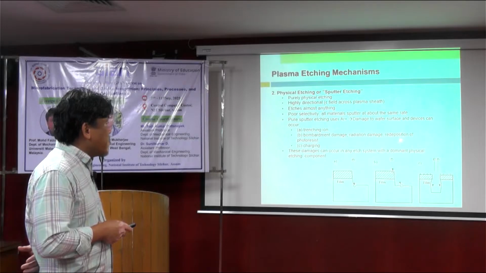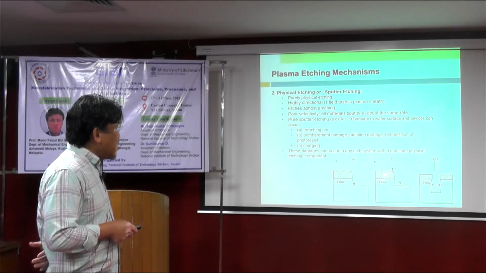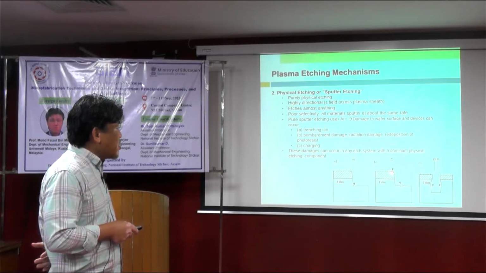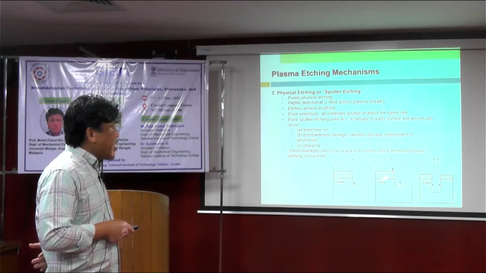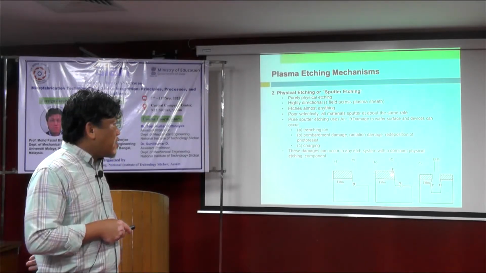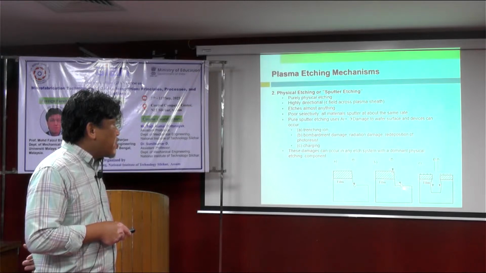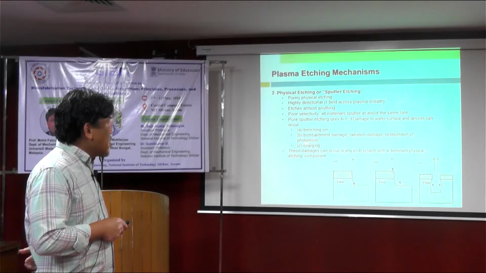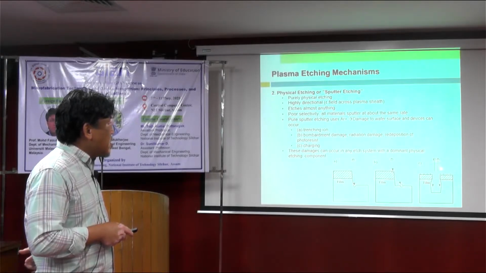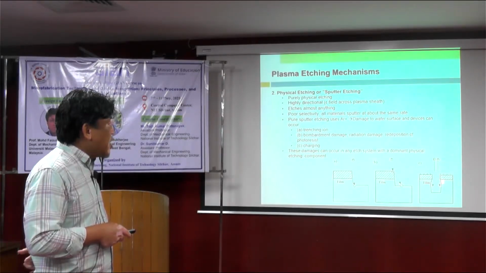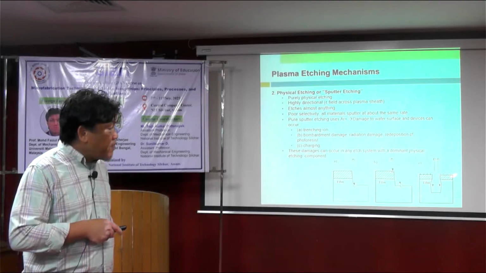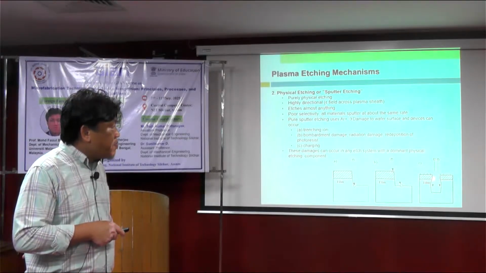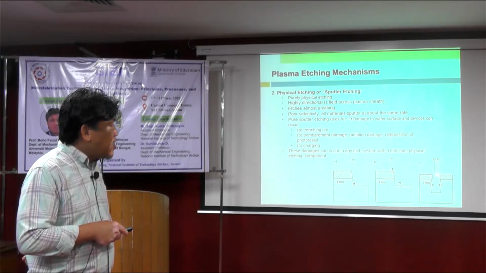Redeposition of photoresist means here you have photoresist, but this photoresist is also being etched by the bombardment of the ion, then redeposited on the other surface, which is exposed. Then charging: if charging happens, the direction of the ion will not be straight. So you will have undercut, for example, because of the charging of the surface.